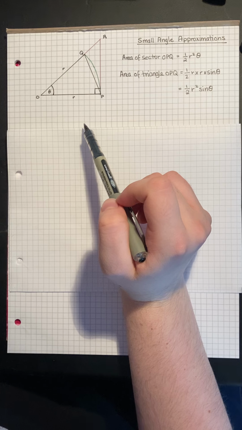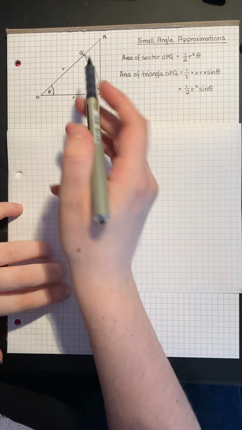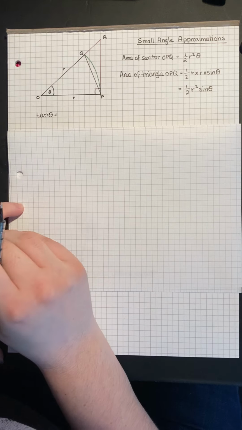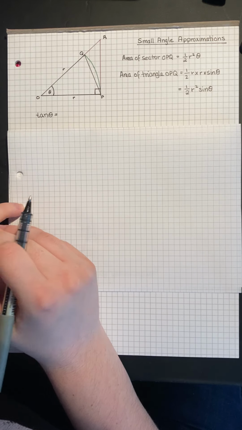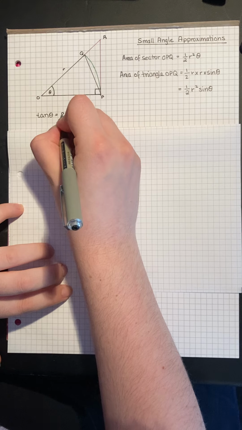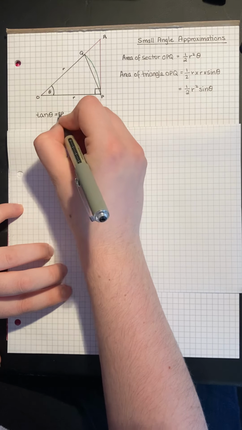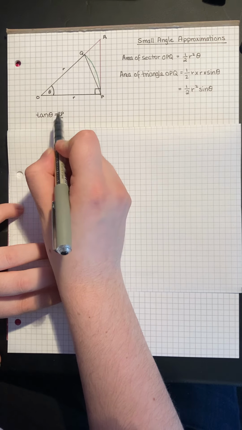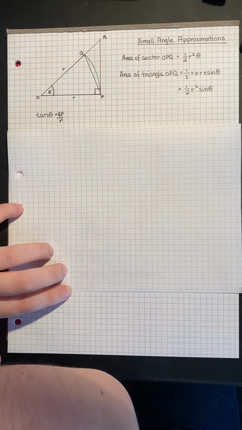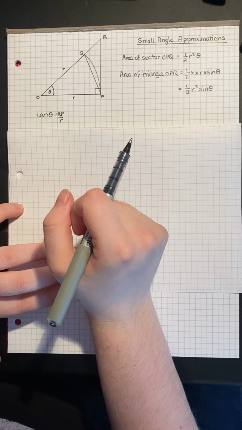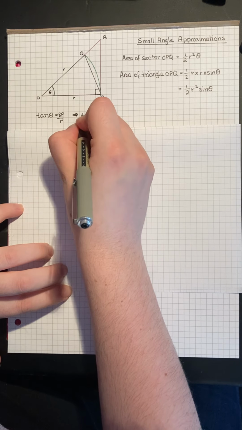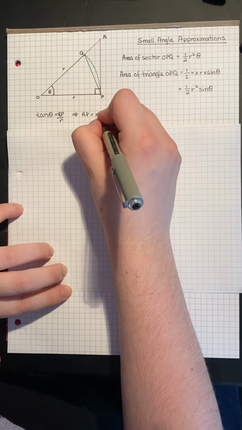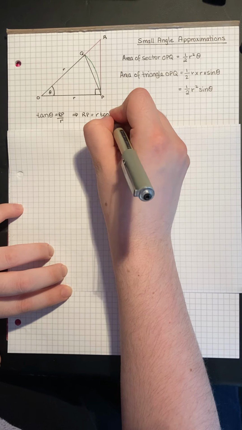Because we know that tan theta equals opposite over adjacent. So opposite is PR, over adjacent, which is the radius there. That means RP equals r tan theta.